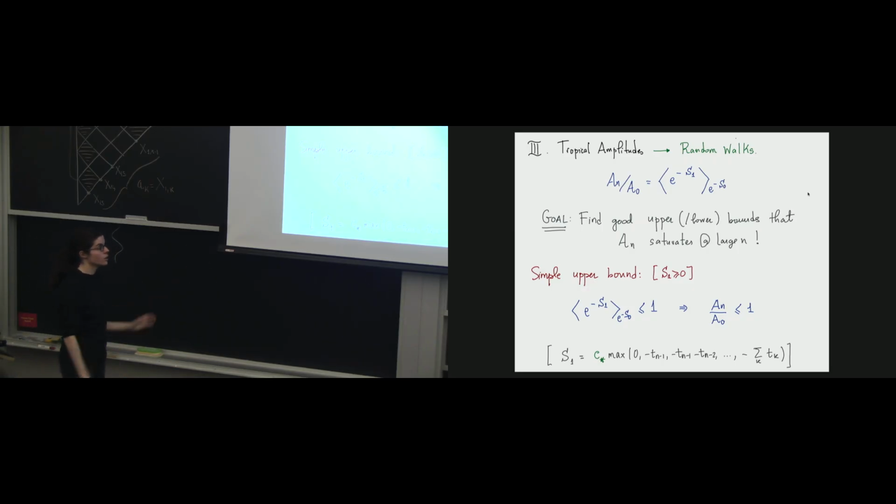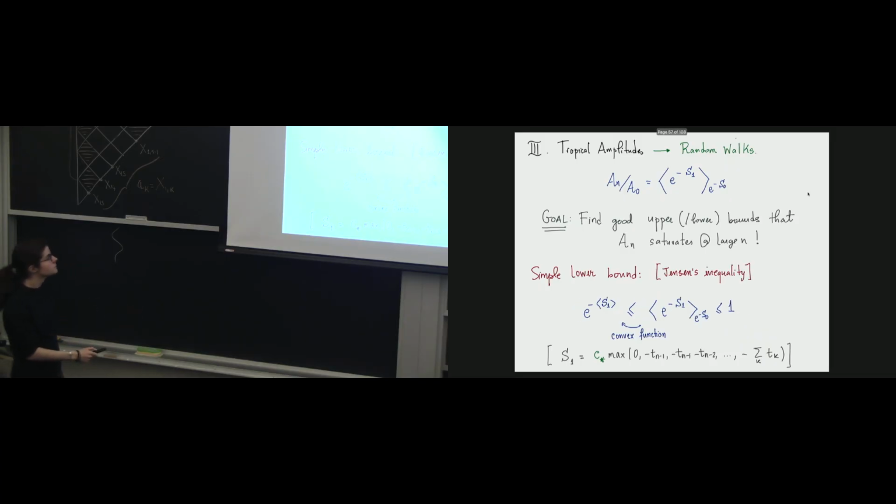So a naught itself is a true upper bound for the amplitude, and this ratio is smaller or equal than 1. Now, a way to find a lower bound is just using Jensen's inequality, which tells us that since the exponential is a convex function, this expectation value is greater or equal than e to the minus the expectation value of S1. So now we managed to upper and lower bound the amplitude.